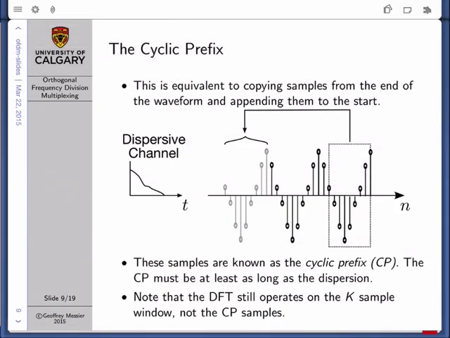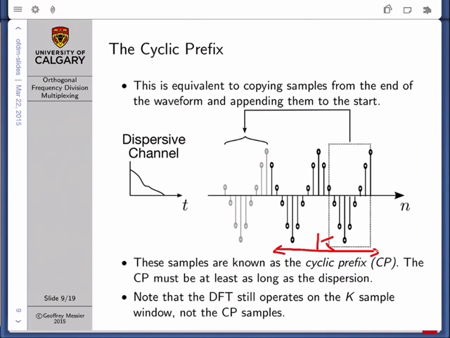And so this gives rise to something that's known as the cyclic prefix. Again, the black samples represent the K-sample window being operated on by our DFT.